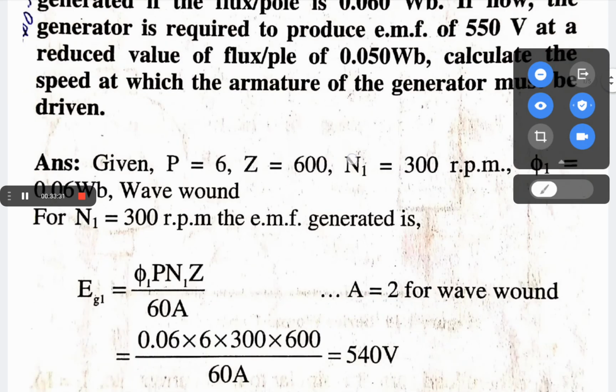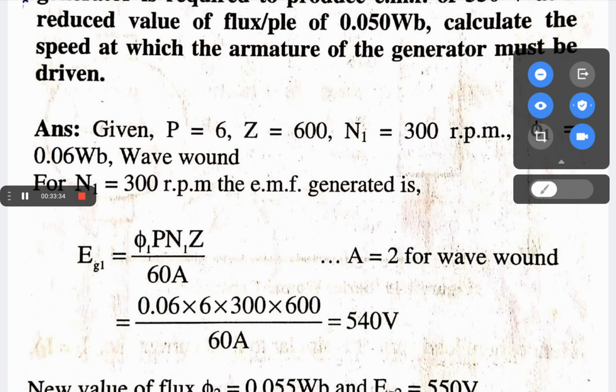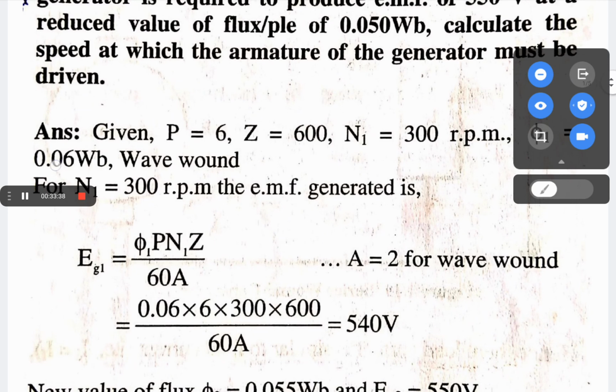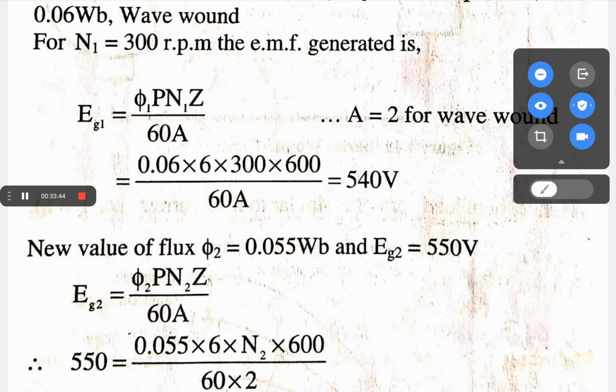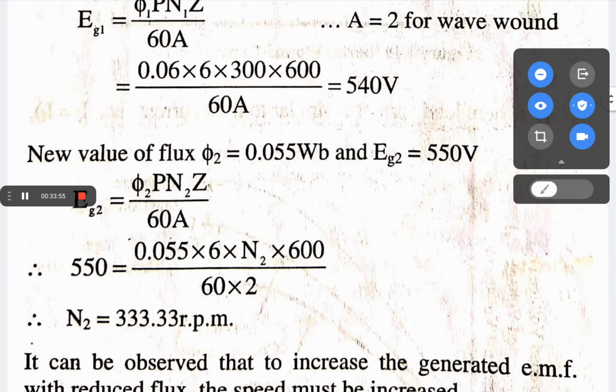So first you find out Eg for this flux. 0.06 വെബറിലുള്ള ഫ്ലക്സ് ഉള്ളപ്പോഴുള്ള Eg1 കണ്ടുപിടിക്കുക. That is 540 volt. New value of Eg is given 550 volt and Φ2 is given as 0.05 Weber. So you substitute this 550 and 0.05 as Φ2.